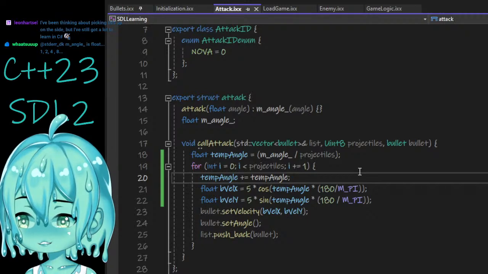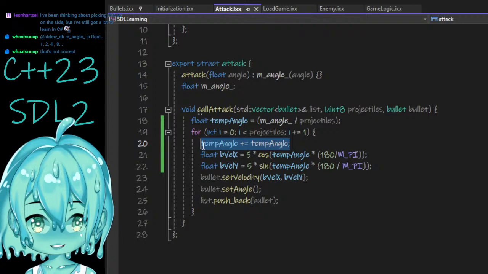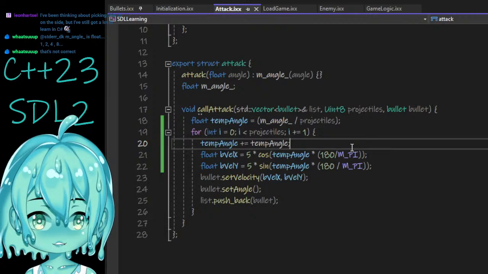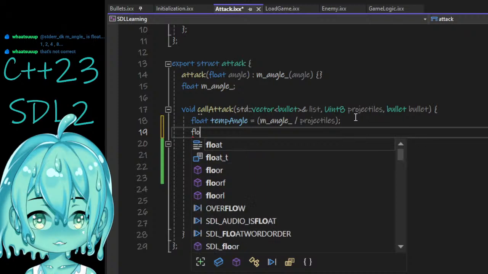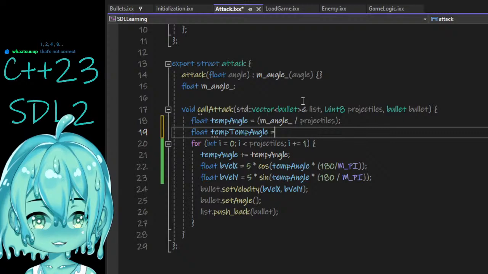1, 2, 4, 8. No, that's not how that works, right? Oh no, that is how that works. Wait, how do I avoid recursion? Oh, I know. Float temp angle is equal to temp angle. Listen, chat, let me cook.